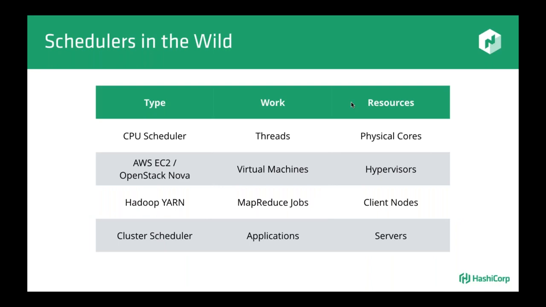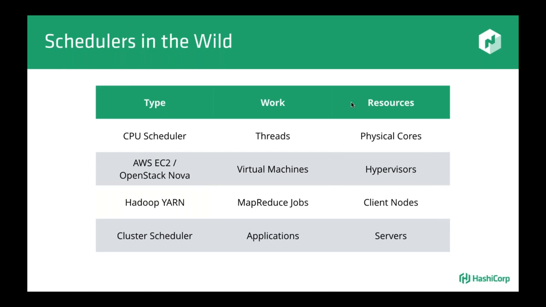And so CPU scheduler is really just one type of scheduler. In reality, schedulers rule everything around us, and we see them kind of everywhere. So CPU schedulers map one type of work, which is threads, onto one type of resource, physical cores. If we think about larger systems like Amazon EC2 or OpenStack Nova, they are effectively giant schedulers that are mapping virtual machines onto a set of fixed hypervisors.